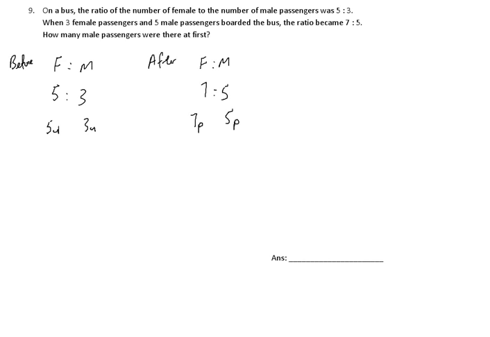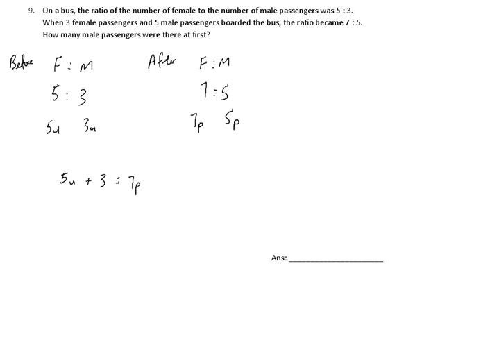Okay? So, now, after this, what should I do? Ernest. What multiply? Five units what? Plus 3 equals 7 parts.